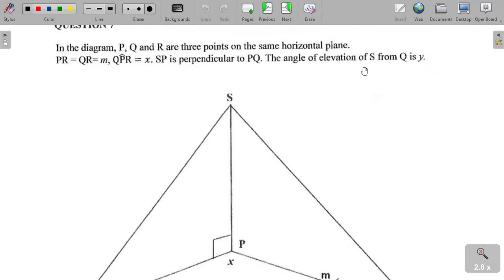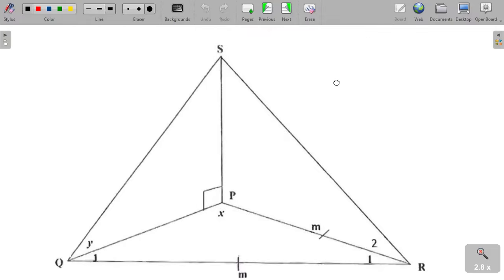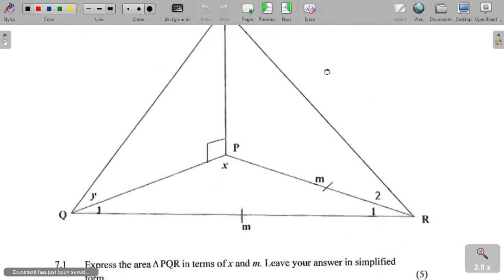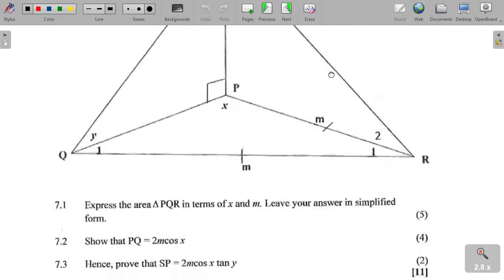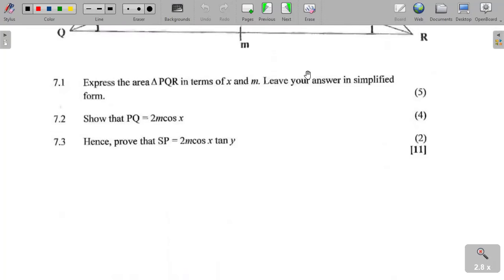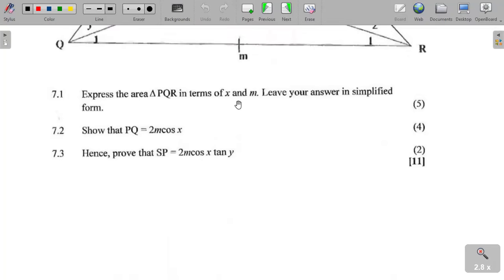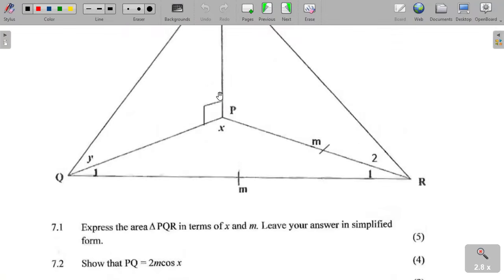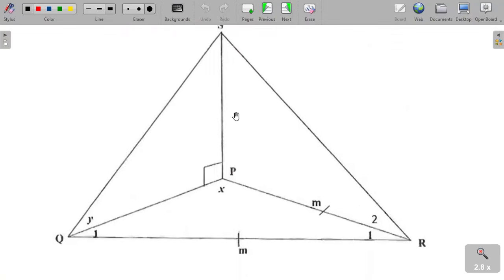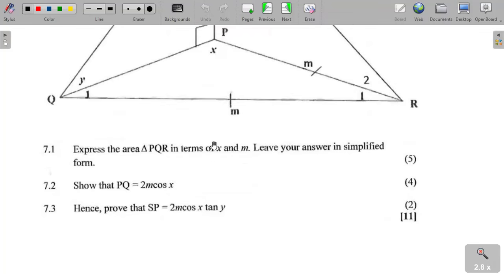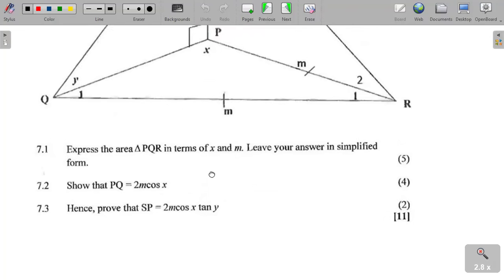The angle of elevation of S from Q is Y. Express the area of triangle PQR in terms of X and M. Leave your answer in simplified form.